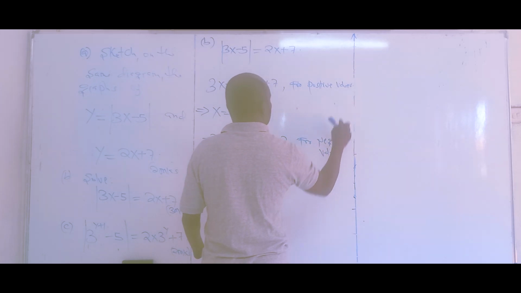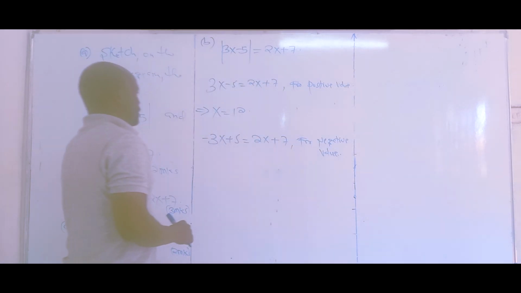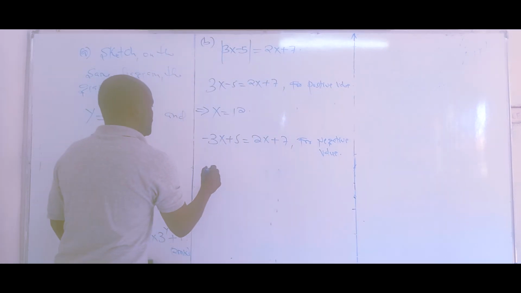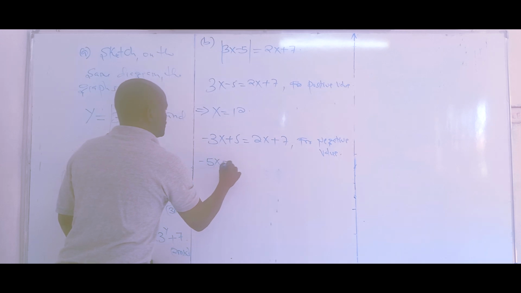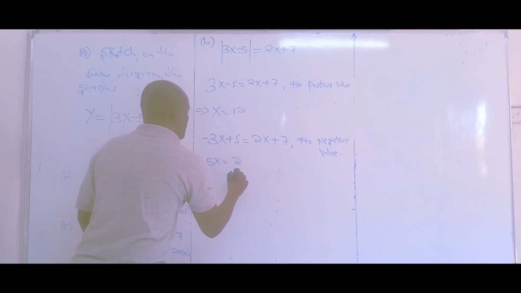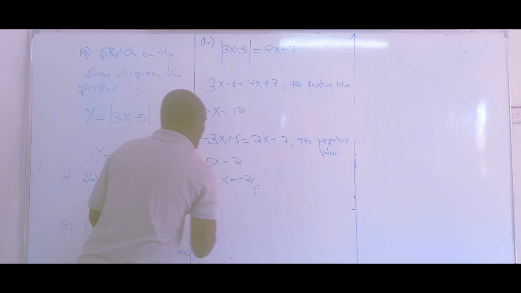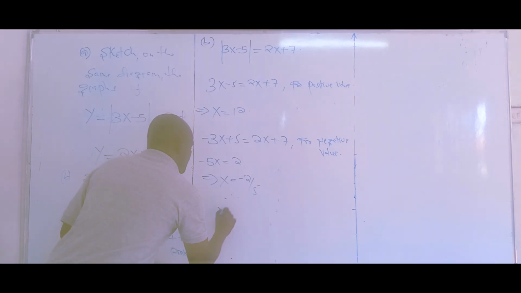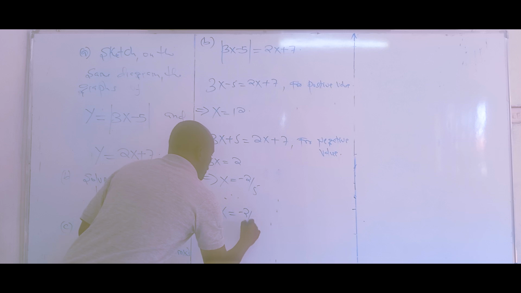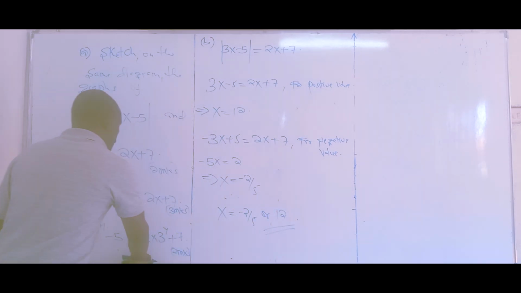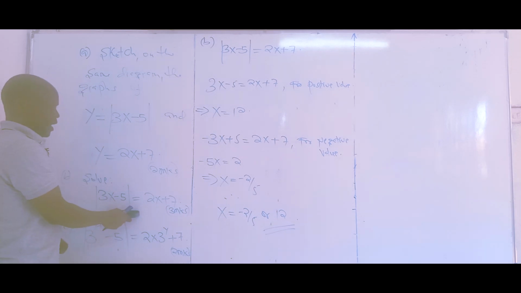So this should give me -5x = 2, implying that x is equal to -2/5. Therefore, x is -2/5 or x is 12. Those are the two values of x here.